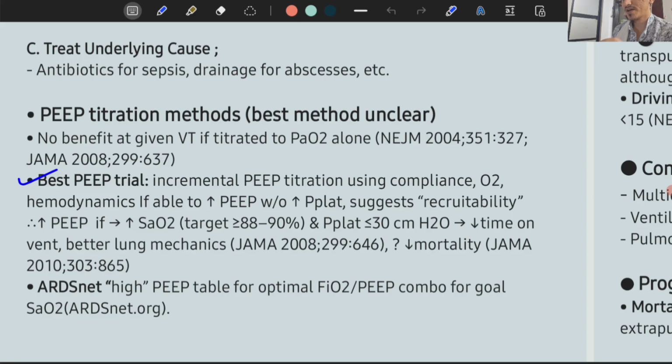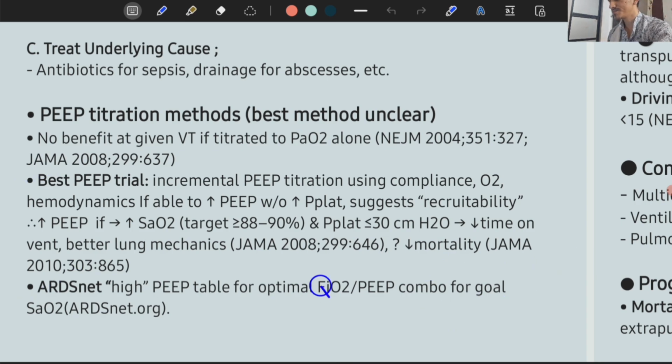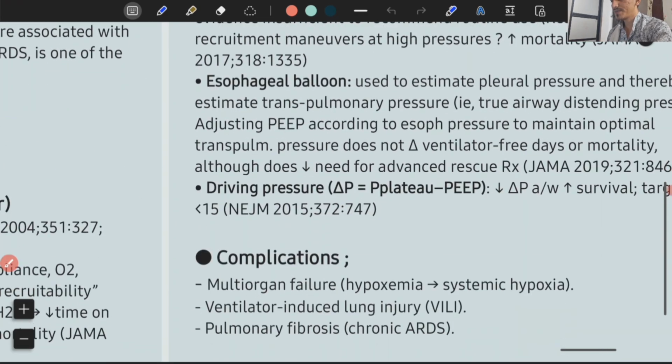What does that mean? The P plateau pressure is maintained below 30 centimeters of water. Here we can also take the driving pressure: you titrate the PEEP and maintain the driving pressure less than 15. That is also a good thing. The other one is according to the table available from the ARDSnet. So these are the strategies by which you titrate the PEEP.